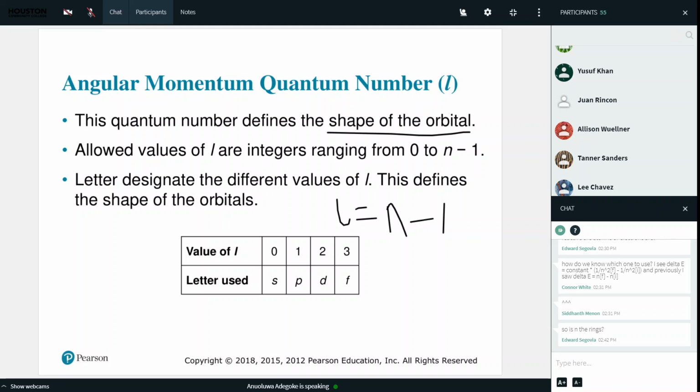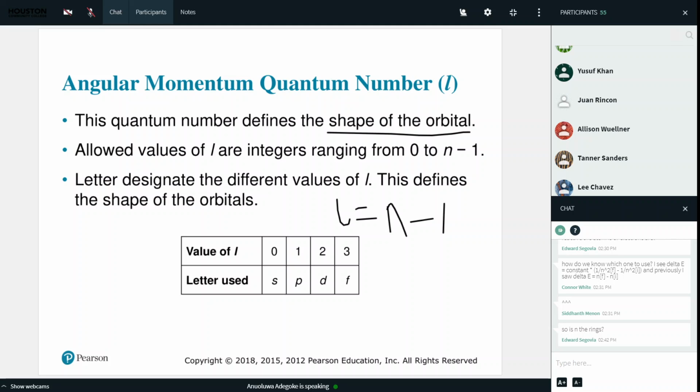If n equals 1, it starts from 1, then L will be equal to 1 minus 1, which is 0. So the letter used is s. So when L is 0, the letter used is s, where s is an orbital.